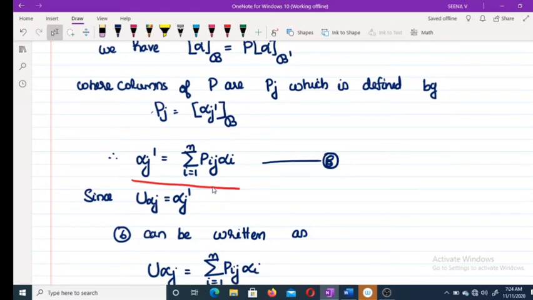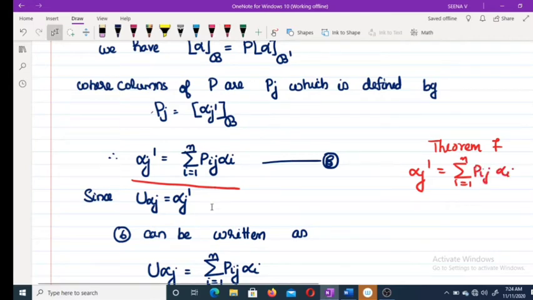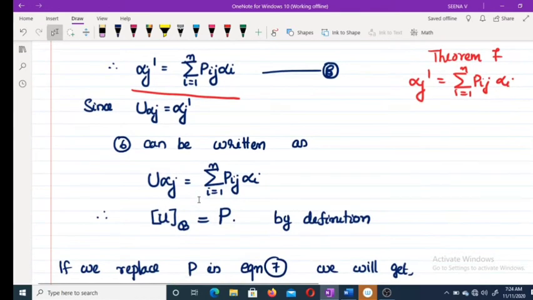In theorem, we have defined in that theorem. You can look at theorem 7. So in that case, we have defined alpha j dash equal to sigma i varies from 1 to n, Pij alpha i.